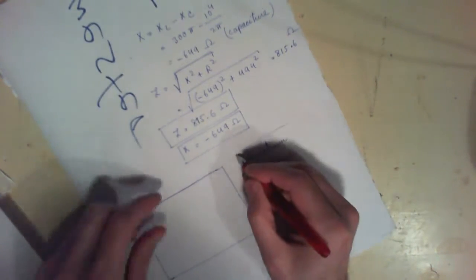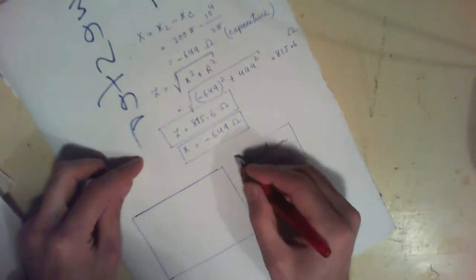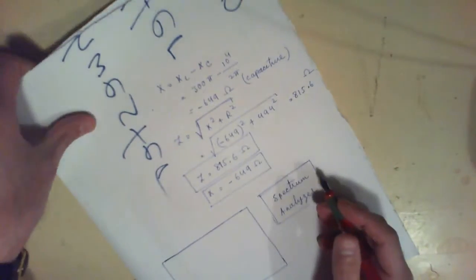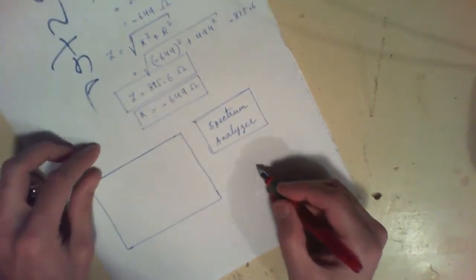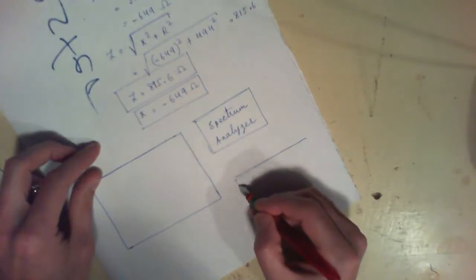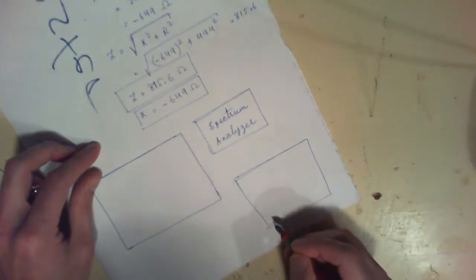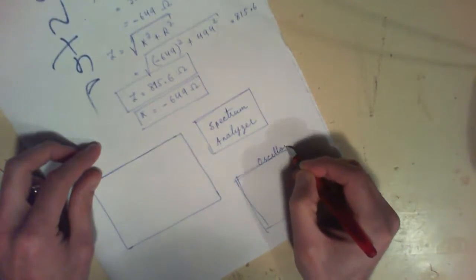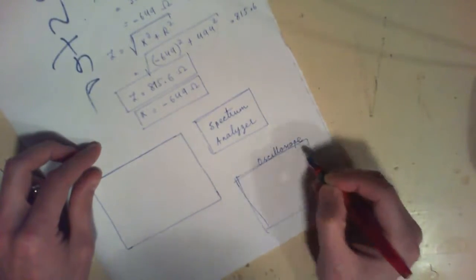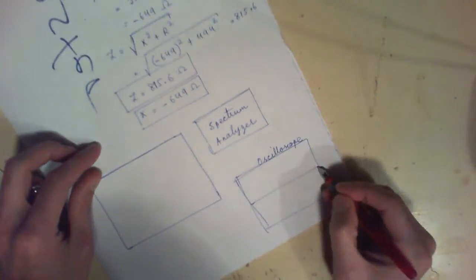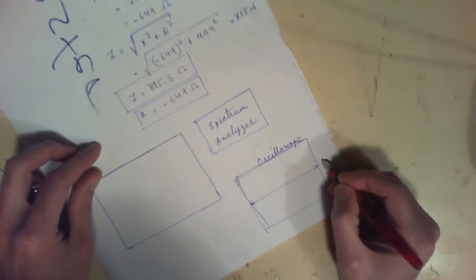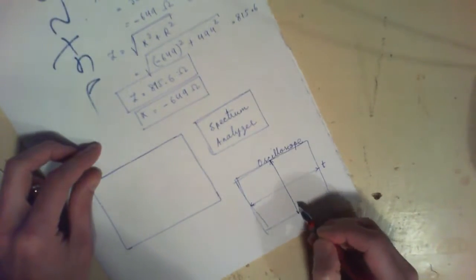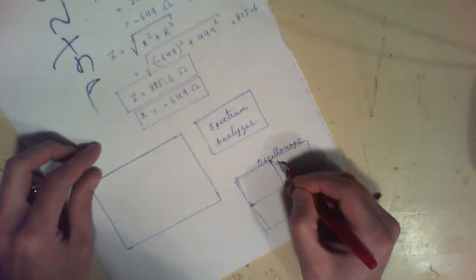Okay, so what this thing does is, you know that on a regular oscilloscope, you have these two axes over here. If this is an oscilloscope, you have a horizontal axis over here, which is time, and you have this vertical axis over here, which is voltage.